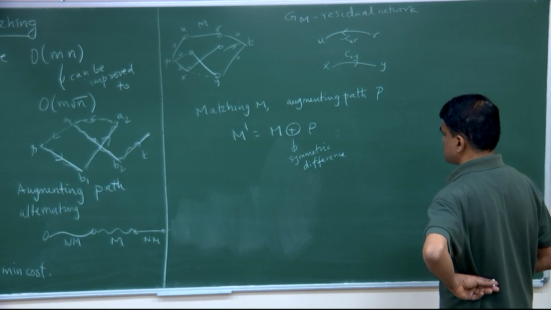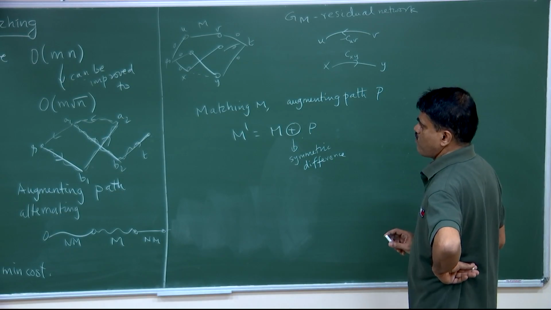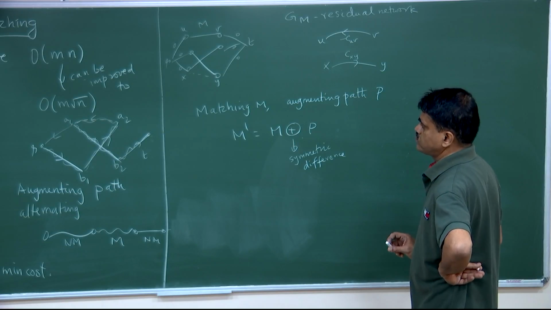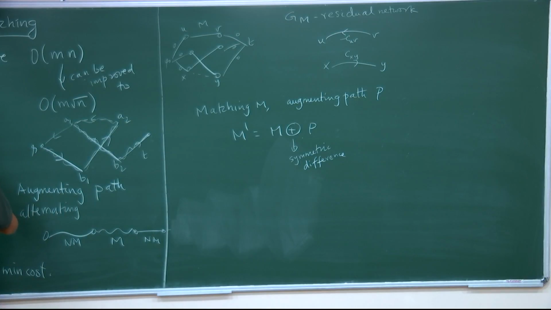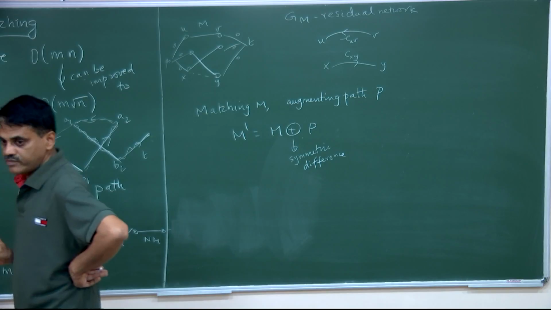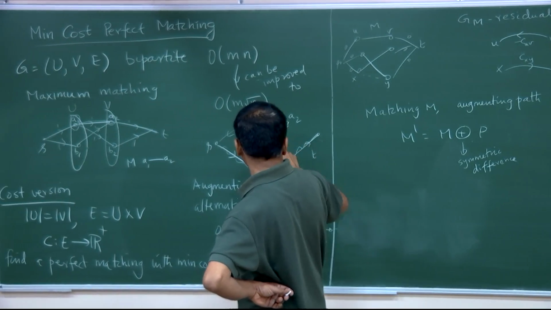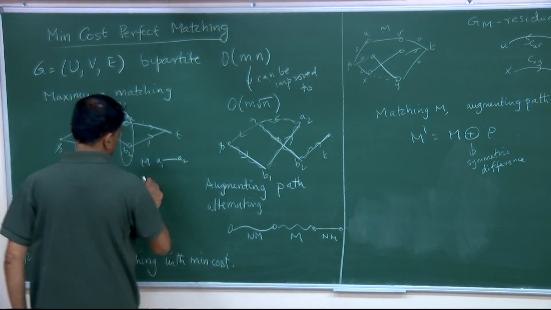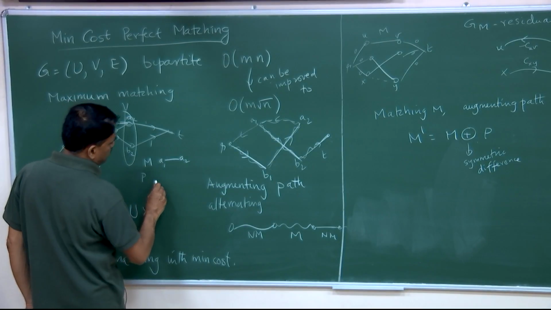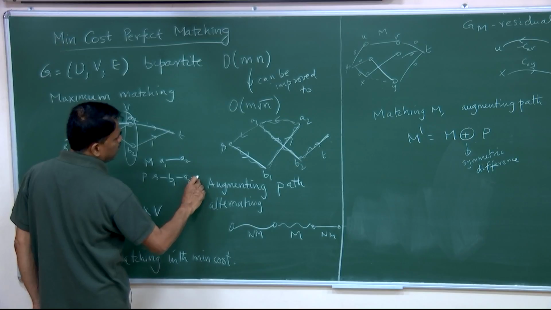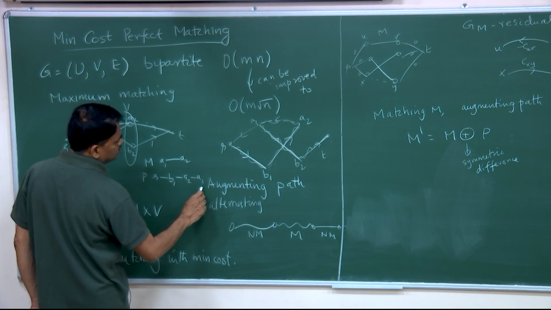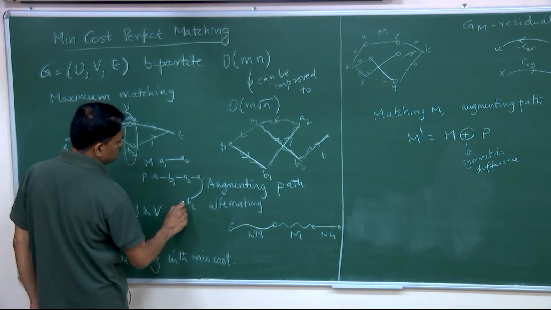Is this clear? Let's look at this. So this is my M here, A1, A2, right? And my P here was S to B1 to A2 to A1 to B2 to T.